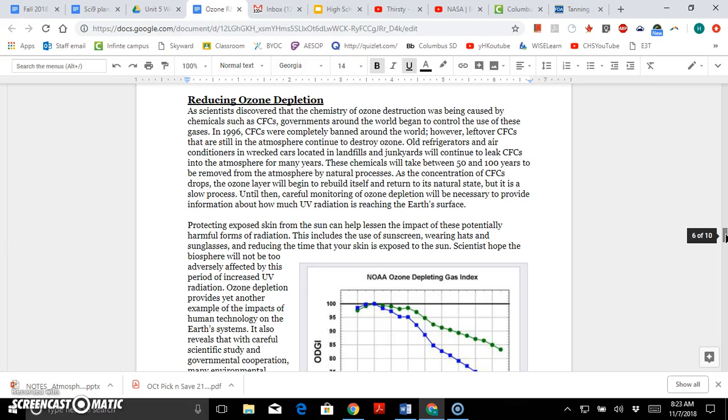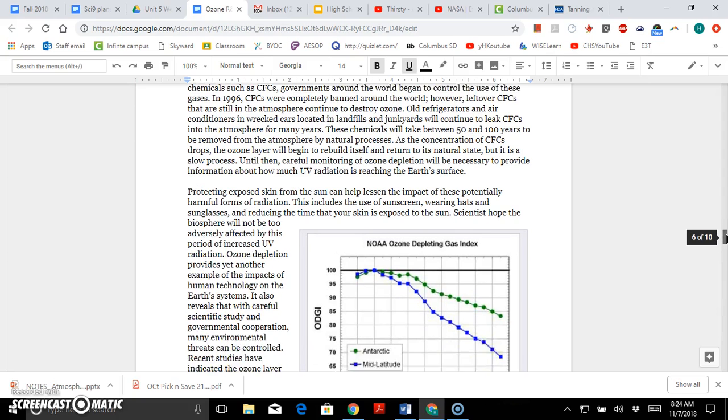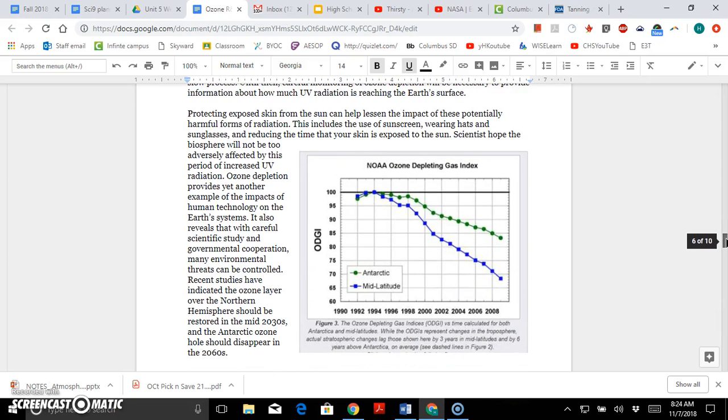As the concentration of CFCs drops, the ozone layer will begin to rebuild itself and return to its natural state, but it is a slow process. Until then, careful monitoring of ozone depletion will be necessary to provide information about how much UV radiation is reaching the Earth's surface.